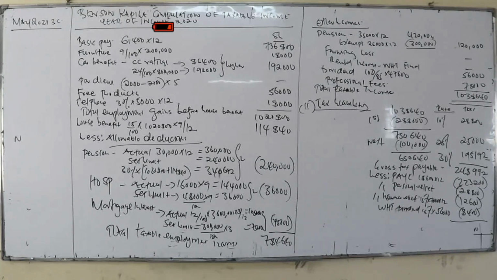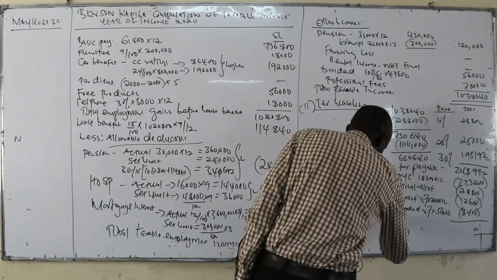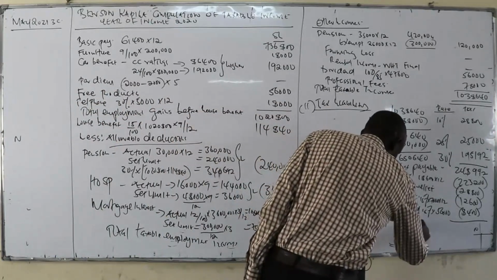Ukipata negative ni refundable. Unaenda kurefundiwa na KRA. Umeoverpay. Sasa KRA wako na pesa mingi watakurefund. So hapo unaandika tax payable stroke refundable.